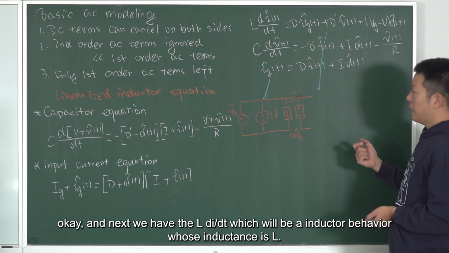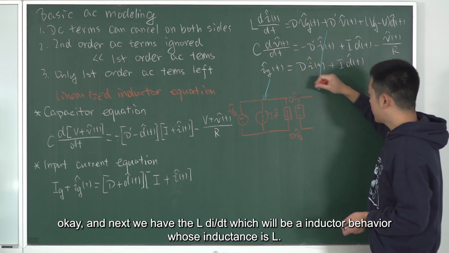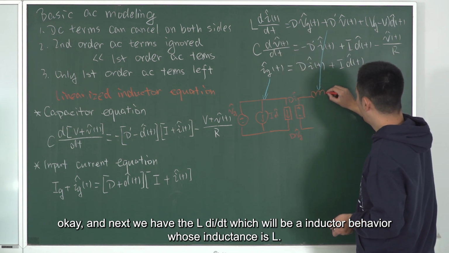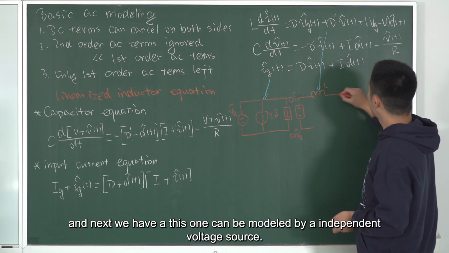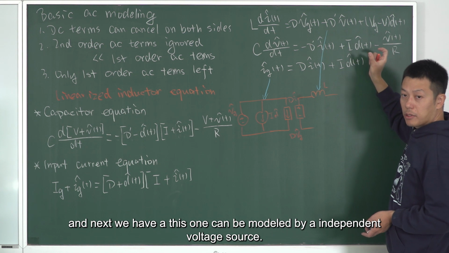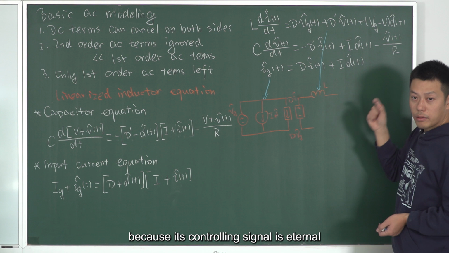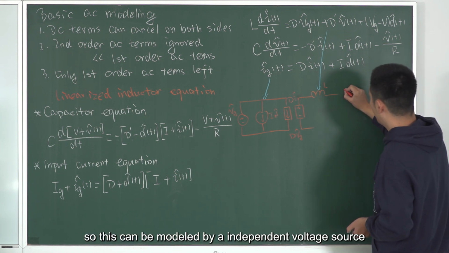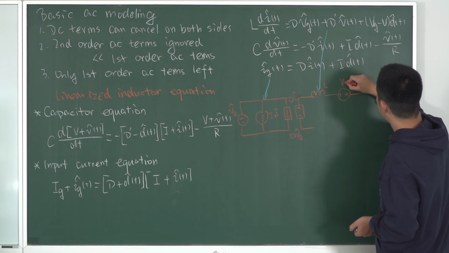And next we have the L di/dt, which will be an inductor behavior, whose inductance is L. And next, this one can be modeled by an independent voltage source, because its controlling signal is external.